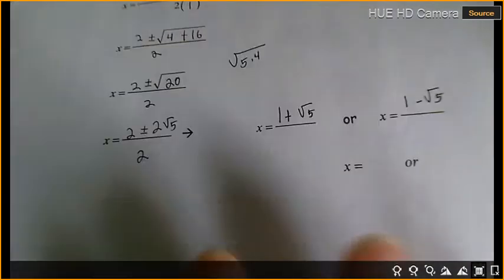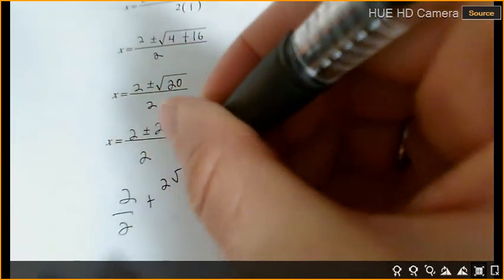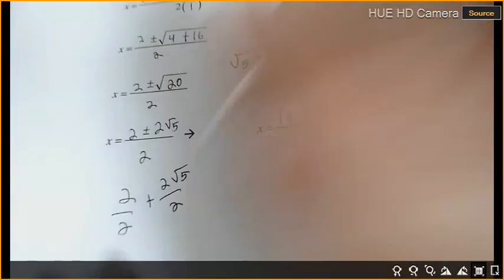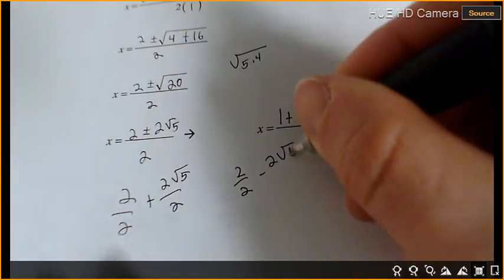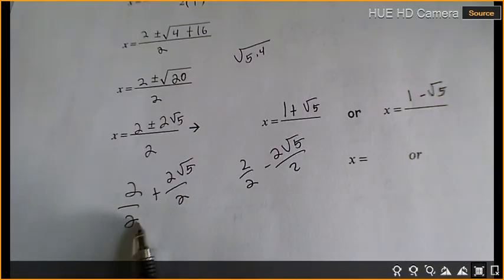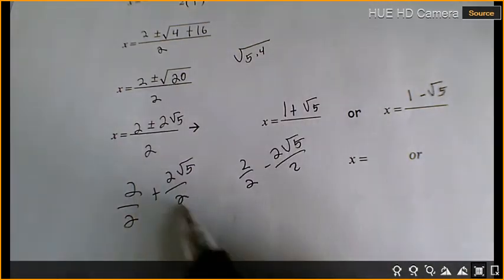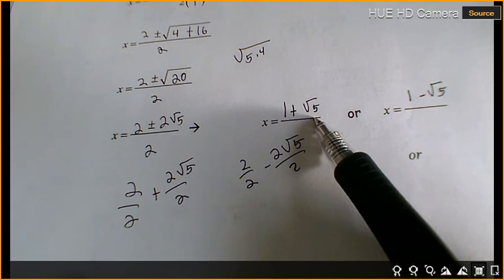And I'm going to go over again how I got that. I went 2 over 2 plus 2 square root 5 over 2. And then I went 2 over 2 minus 2 square root 5 over 2. 2 over 2 gives me 1. So I just have the square root 5.